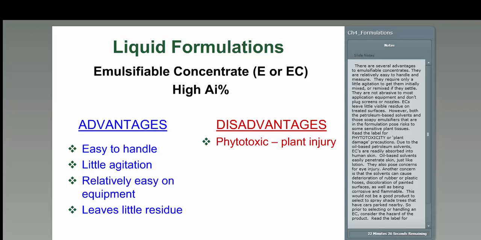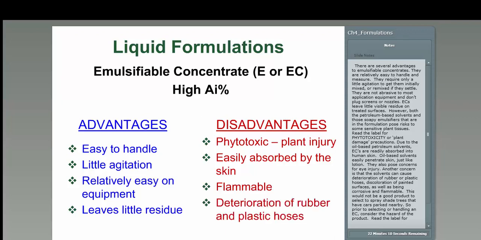Due to the oil-based petroleum solvents, ECs are readily absorbed into human skin. Oil-based solvents easily penetrate skin just like lotion. They also pose concerns for eye injury. Another concern is that the solvents can cause deterioration of rubber or plastic hoses, discoloration of painted surfaces, as well as being corrosive and flammable.